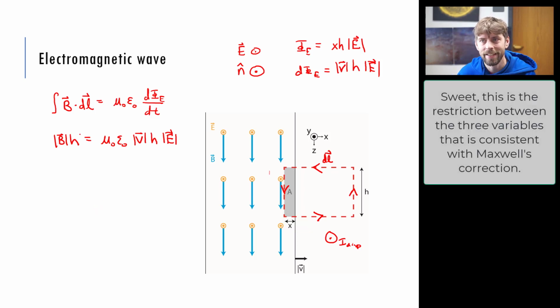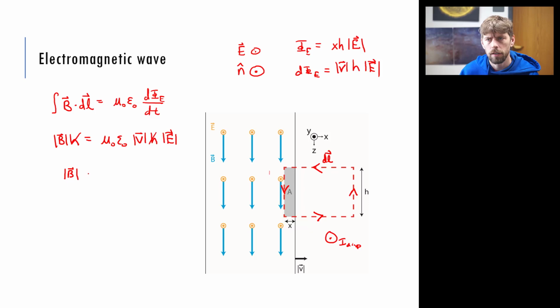You see it. The H's cancel. And so from this treatment, we get that the magnitude of B is given by mu naught epsilon naught V E.